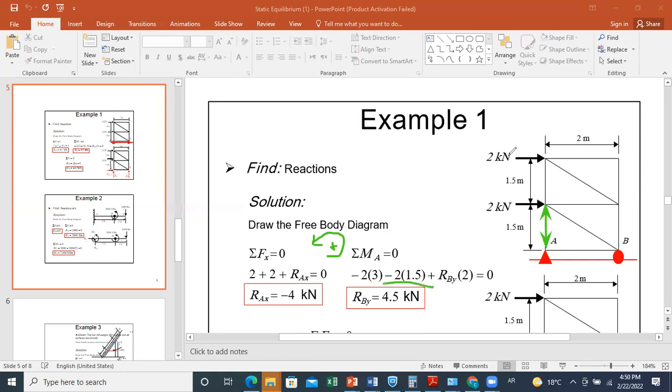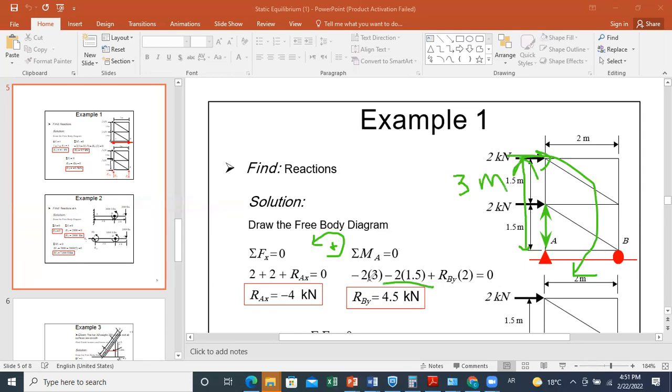Now, for this force here, same procedure. As you can see, it's trying to rotate in the clockwise direction about A. And because the distance from A is 3 meters, I should do minus 2 times 3.